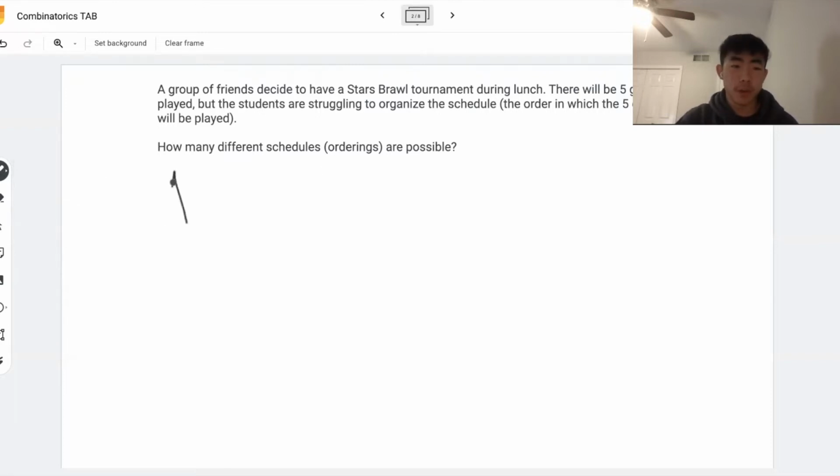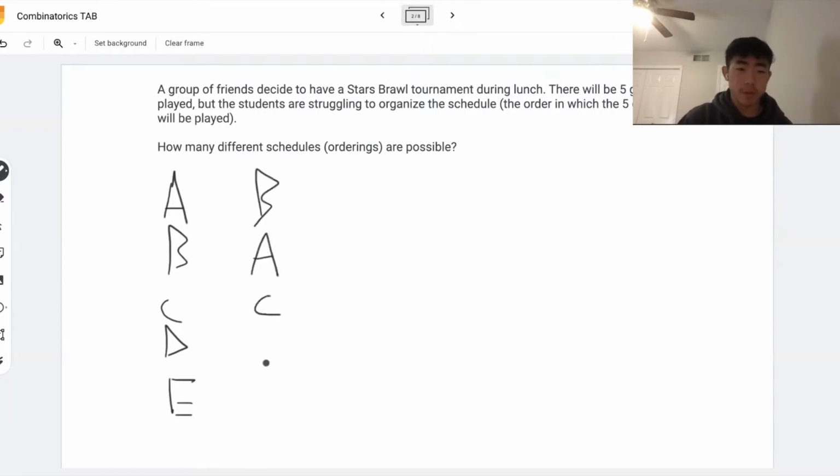So if we call these games game A, game B, C, D, and E, this right here is one possible schedule. So we just go A, then B, then C, then D, then E. So the question is asking how many different possible orderings can we have? So one way we can approach this problem is just by counting all the different possibilities.